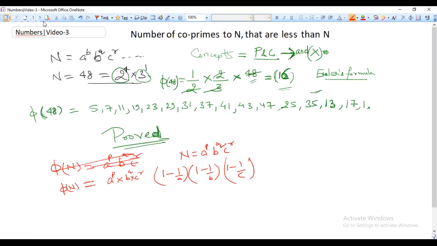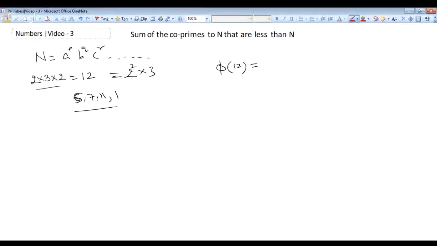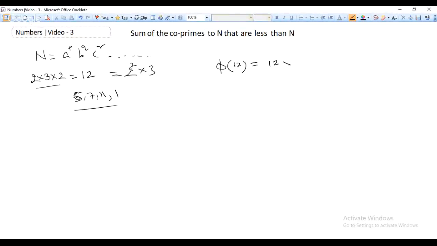So let's move ahead and apply the general formula to phi 12. Phi 12 will be 12 into, since this number has two prime factors, 1 minus 1 upon 2 and 1 minus 1 upon 3. Now this can be written as 12 into 1 upon 2 and into 2 upon 3, so that gives us four co-primes below 12. We have proved that.